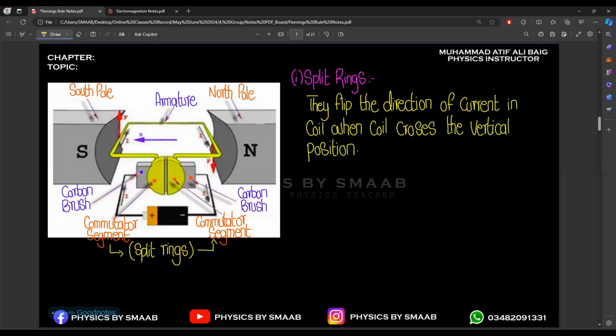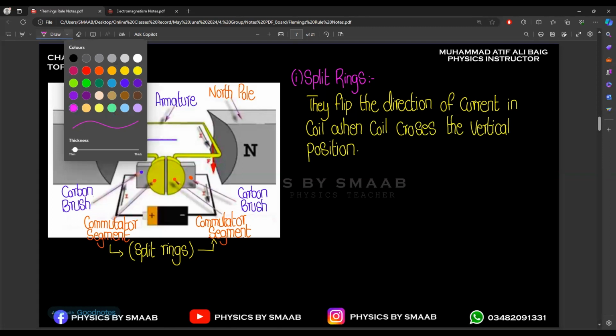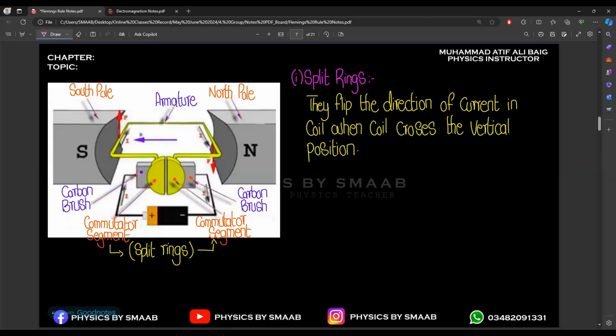And we will also discuss what is the problem with this vertical position, because we know about the left hand rule. And when we apply the left hand rule on the motor, then we are able to identify the concept of these split rings in the DC motor.